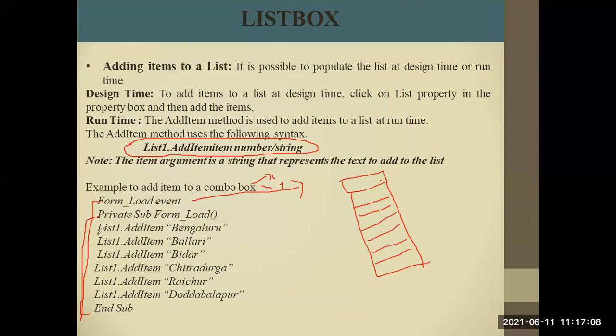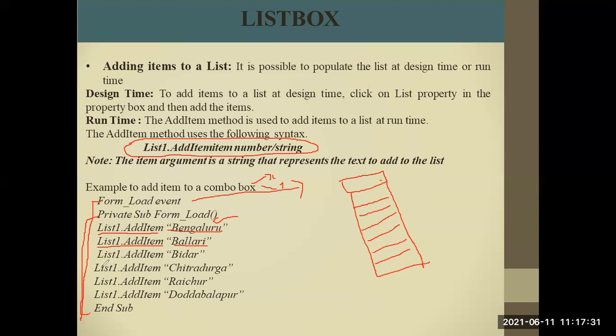Now you can see here how to add. Now suppose I want to add a new item. Suppose that I have used list one dot add item. Now the argument is string type. So I have added a new city called Bangalore. So the list one dot add item. So I have again added a new city called Bareilly.